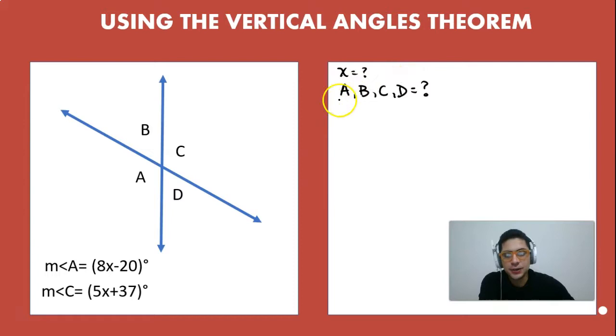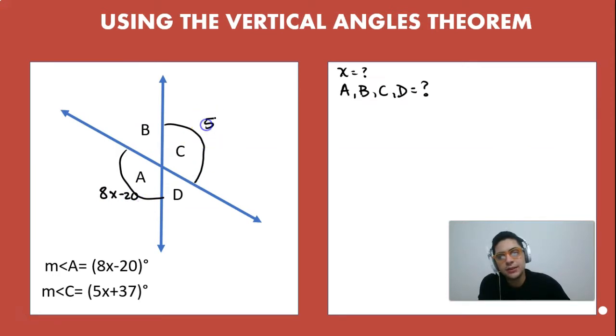Okay, guys, so first things first, we are given that angle A is 8x minus 20. And we're given also that angle C is 5x plus 37. So we know, because of the vertical angles theorem, that angle A and angle C are going to be congruent, right? So we write that down.